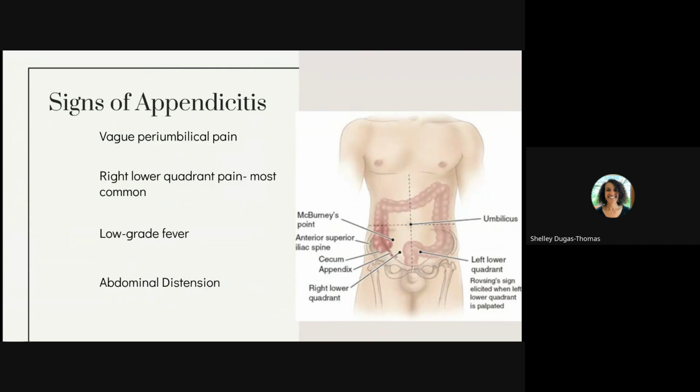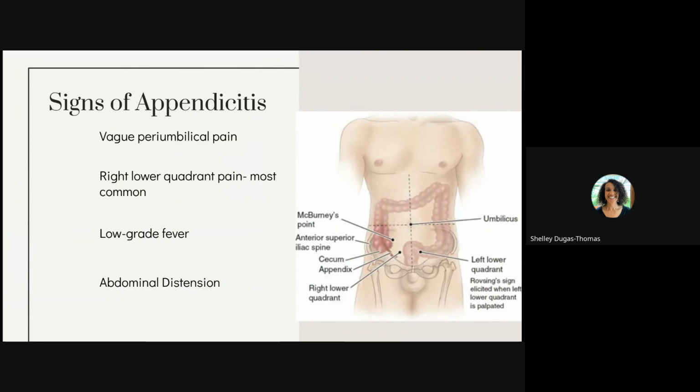So pain progression begins as vague, poorly localized periumbilical pain with anorexia, then shifts to sharp, well localized right lower quadrant pain with nausea in about 50% of patients. Low grade fever may be present. In terms of assessing tenderness, McBurney's point tenderness.